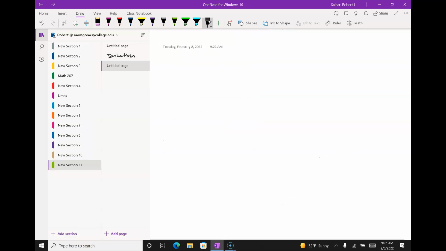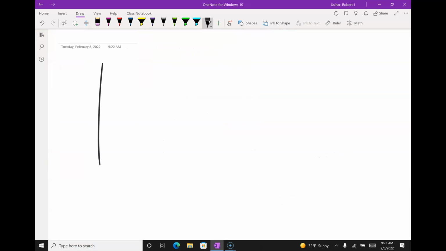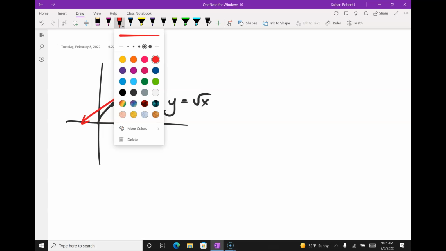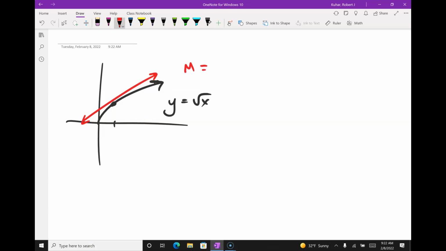What's interesting is if I think about square root of x, right? I get my slope from 1 over 2 square roots of x.